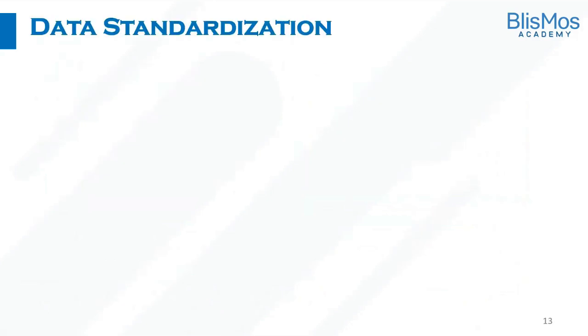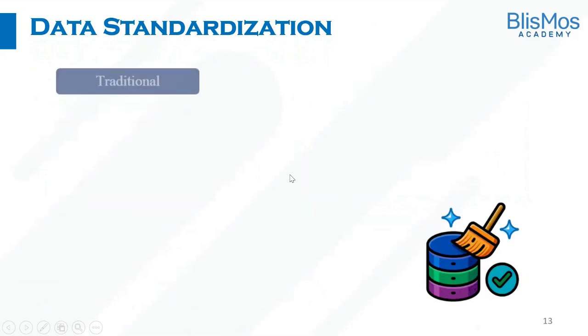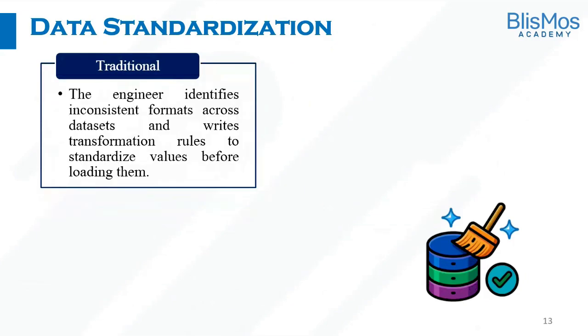Data standardization is also an important aspect of data transformation. As a part of the data standardization, the engineer identifies if there is any inconsistent format in the data sets and writes transformation logic to standardize the values before they load them into the data warehouse.